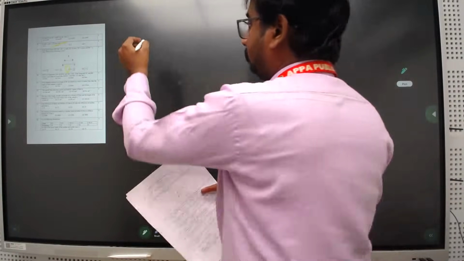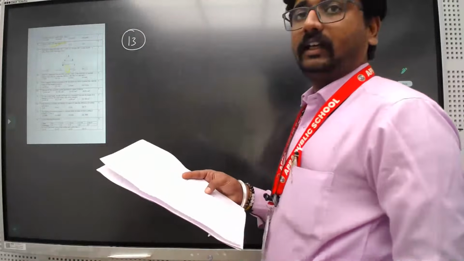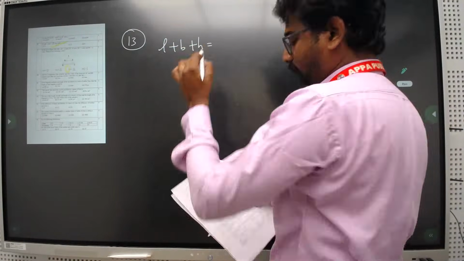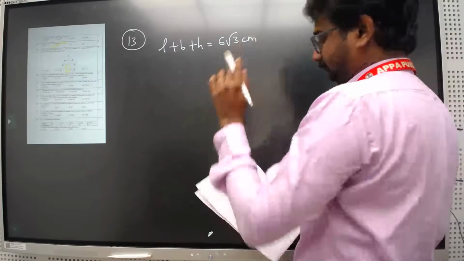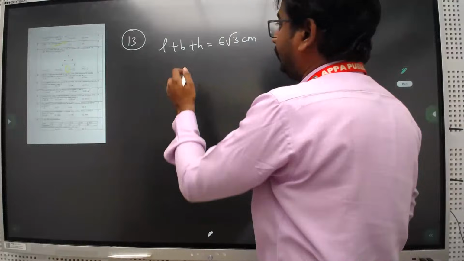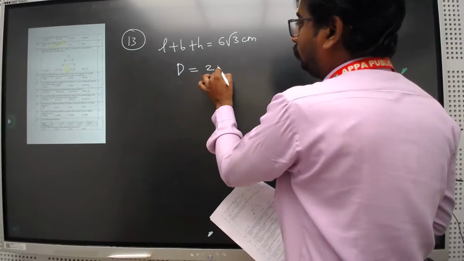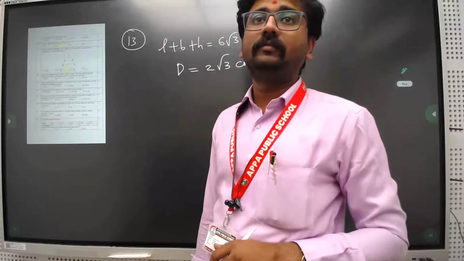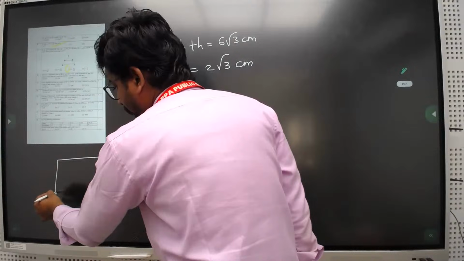So coming to question number 13, they gave the sum of length, breadth and height of a cuboid as 6 root 3 centimeter, and the length of the diagonal is 2 root 3 centimeter. But what is the formula for the diagonal of a cuboid? That is important. First, we get a cuboid with the help of a rectangle only.